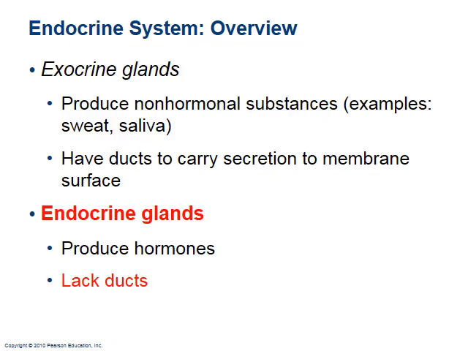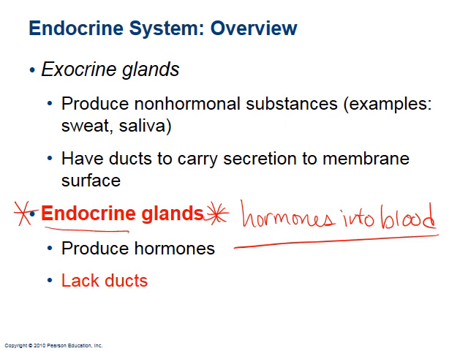So on to our exocrine versus endocrine function. Remember, this is how we release hormones into the blood, and we call them endocrine glands. If you're an exocrine gland, we've already covered these in 201. That's sweat, saliva.